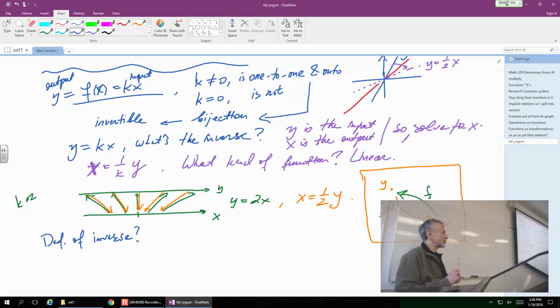Suppose the function is one-to-one onto, then the inverse is a certain function where the arrows go pointing in the opposite direction, not from x to y, but now from y to x. But out of all the possible functions of that nature, how do we know that what we're looking at is the inverse? It has a certain property that it has to satisfy.